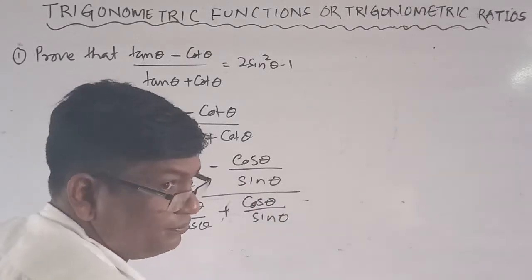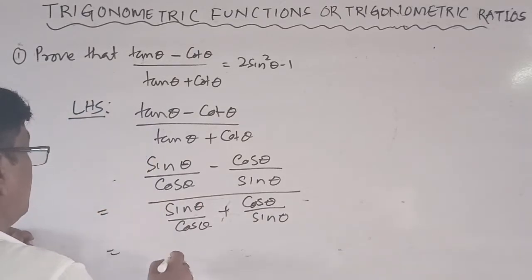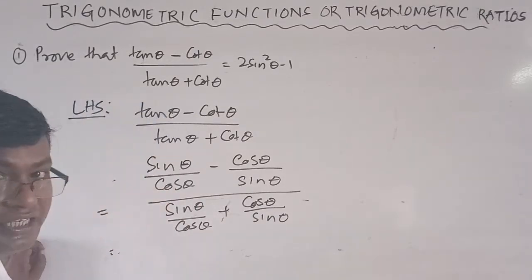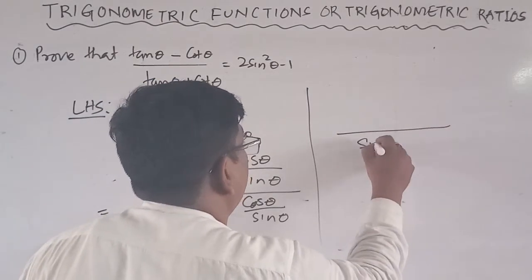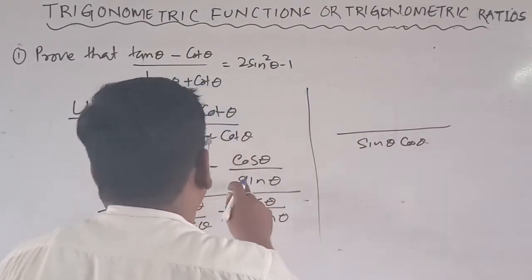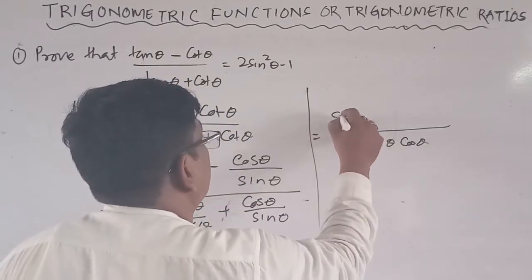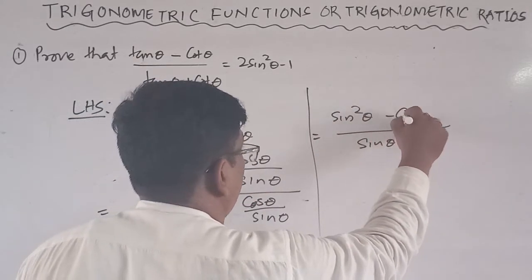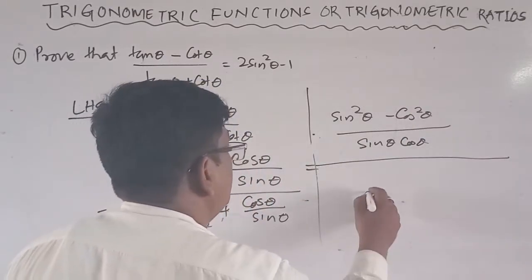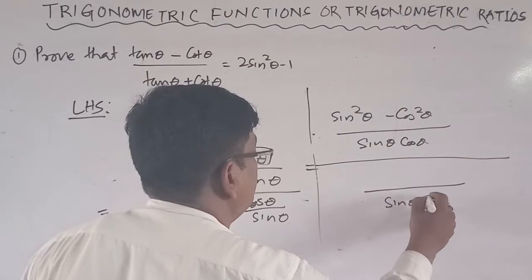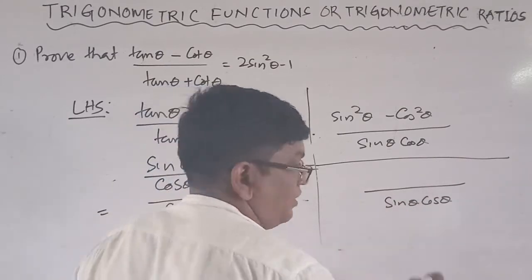Now taking LCM, here LCM is sin theta into cos theta. So this is sin square theta minus cos square theta whole divided by LCM, sin theta into cos theta.